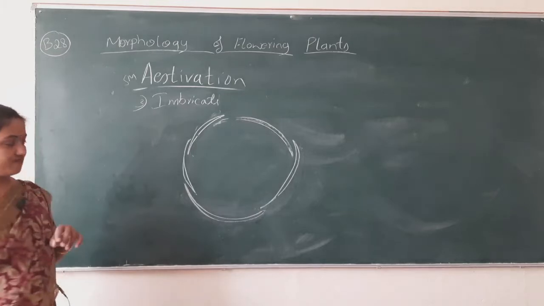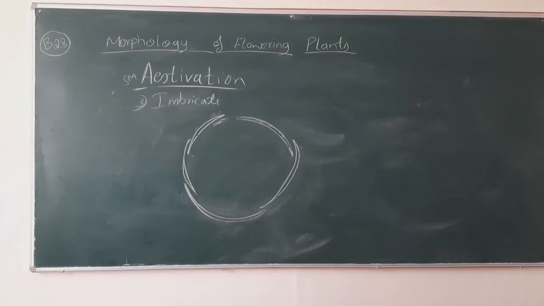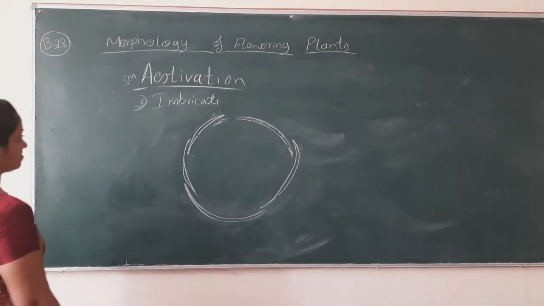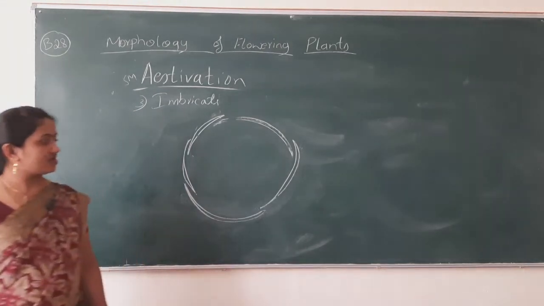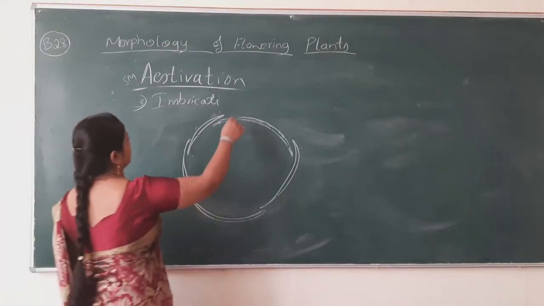So this type of estivation is known as imbricate, where the margins of sepal or petal overlap one another but not in a particular direction. It is known as imbricate estivation.